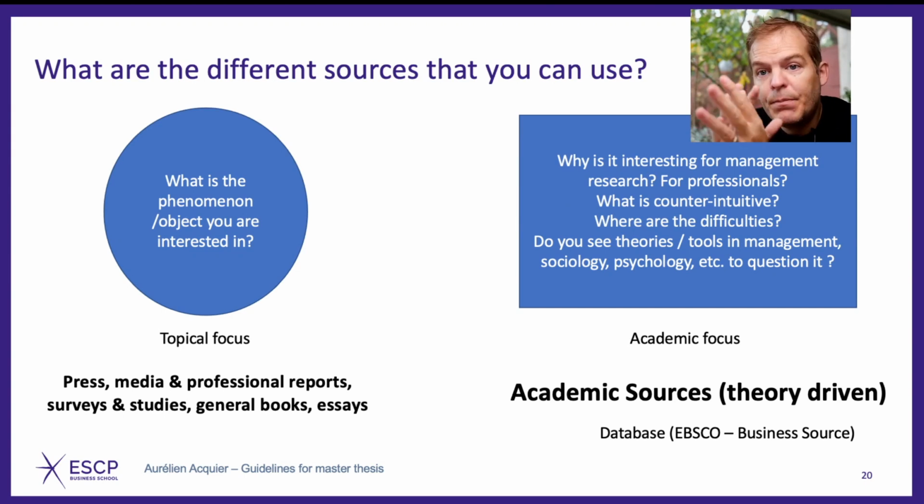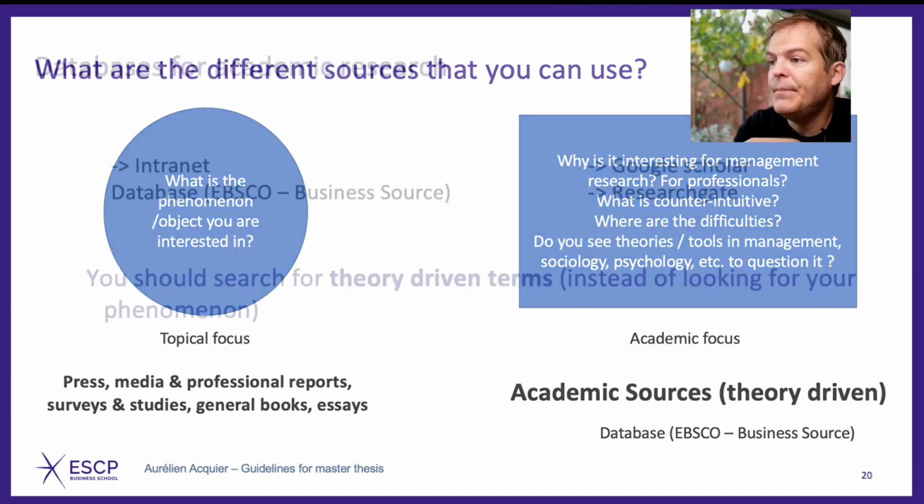And actually there are a bunch of places where you can find them, and this video is here to explain where you could find them. But mostly in databases, either public, such as for example Google Scholar, or also databases that are internal to ESCP, or others that we have a registration for, such as EBSCO, which I'm going to show you in a minute, okay?